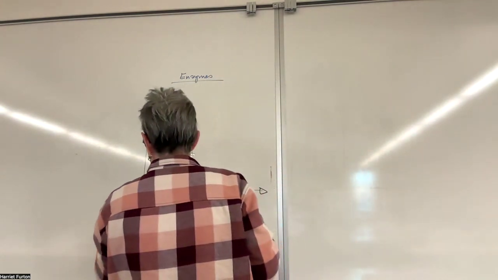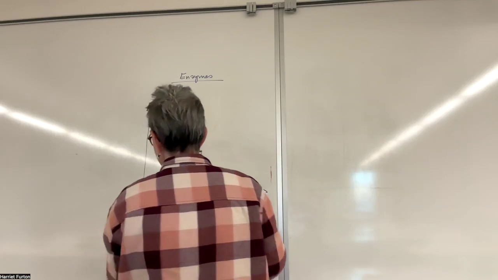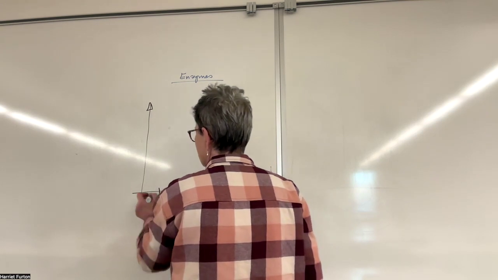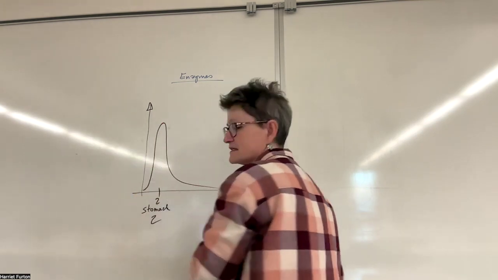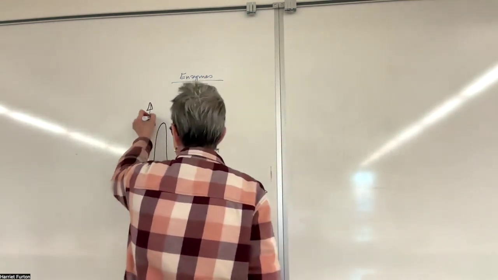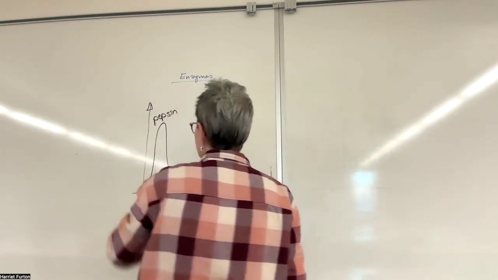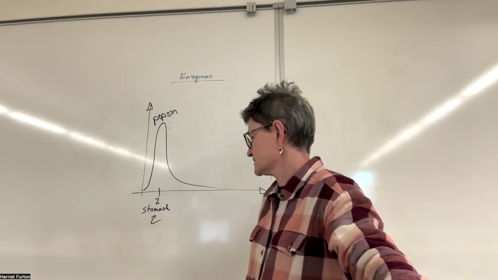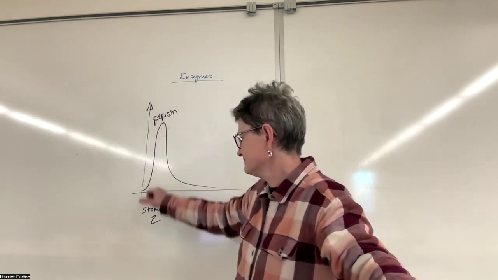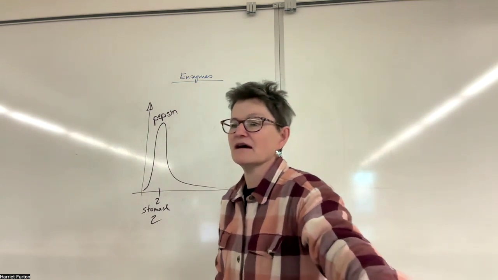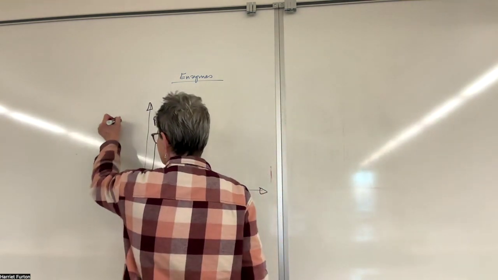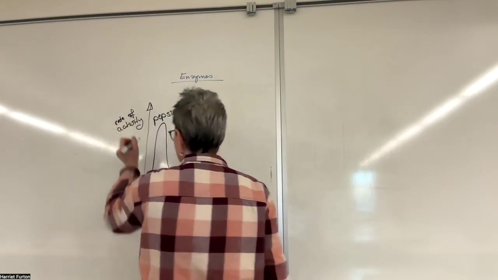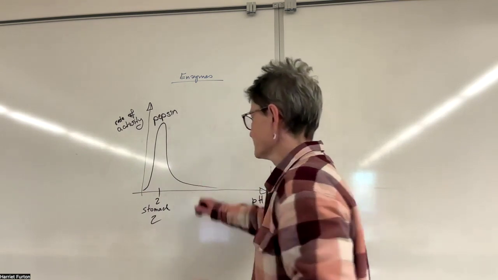Let's say we are talking about the stomach. Here the pH is low, let's say 2, and we have an enzyme in the stomach called pepsin that breaks down protein, and it works best at pH 2. The y-axis is the rate of activity, and this is the pH in here.